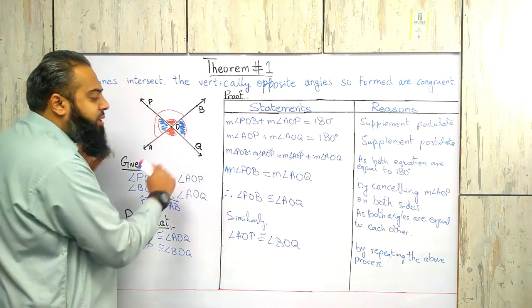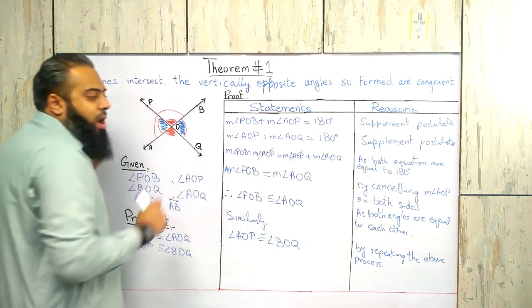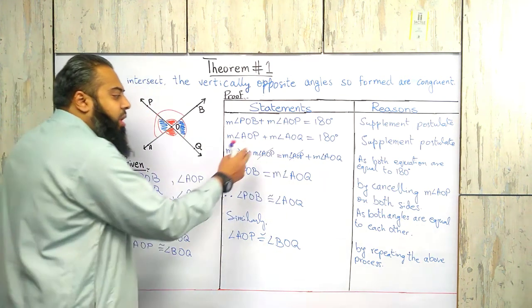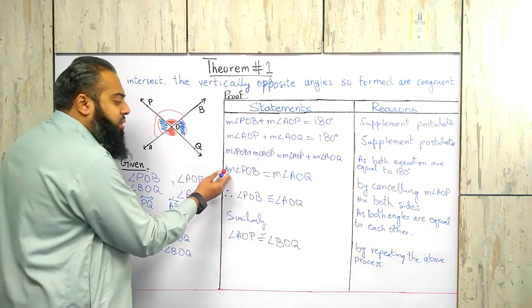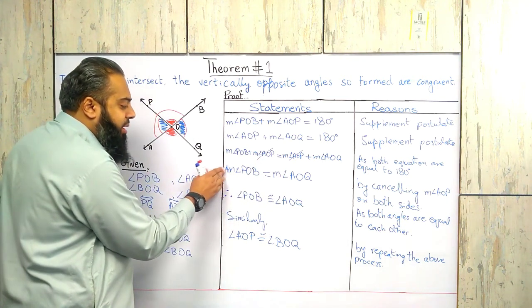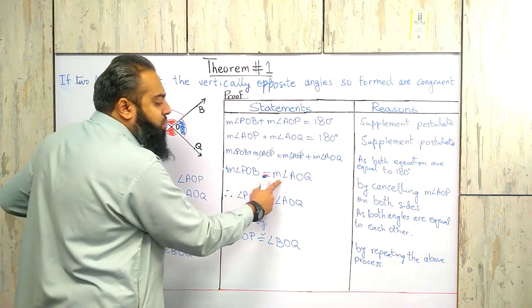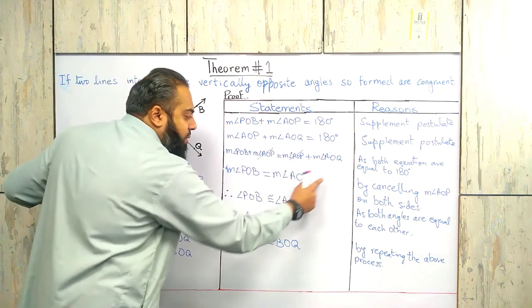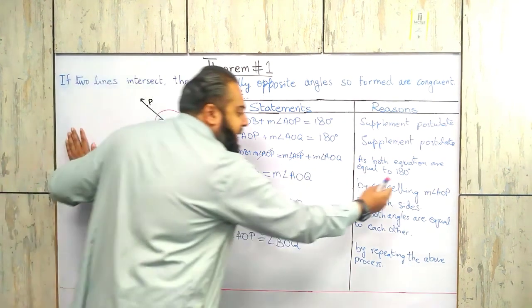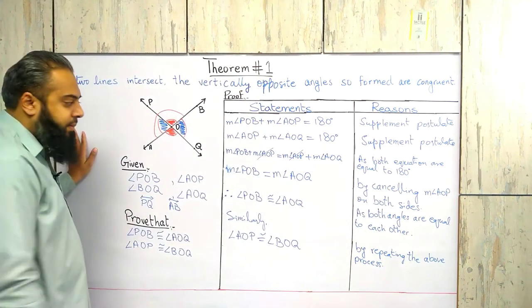Now moving to the next point, we can clearly see that AOP is common, therefore AOP will cancel out. So the equation which remains will become measure angle POB equals measure angle AOQ, by cancelling measure angle AOP on both sides.